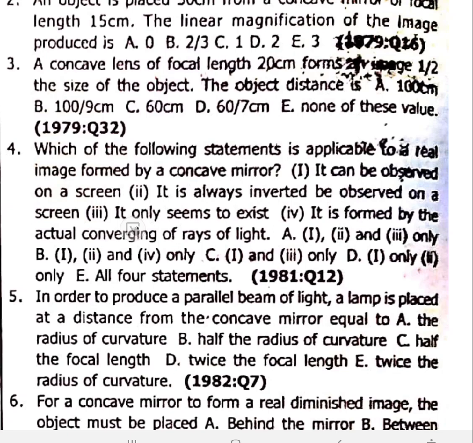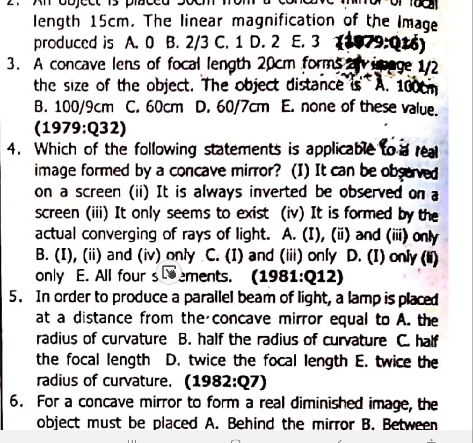Write down: a real image is always formed. The image is inverted and can be captured on a screen. The image is formed in front of the mirror. And lastly, a concave mirror is a converging mirror.